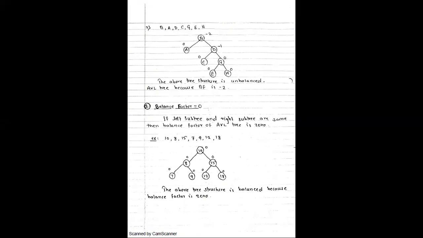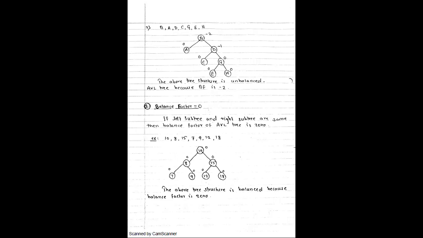The second one is B, A, D, C, G, E, H. Now what is the balance factor of E? 0. H? 0. E? 0. D? -1. A? 0. And B? -2.